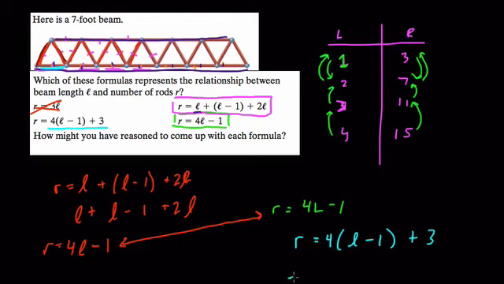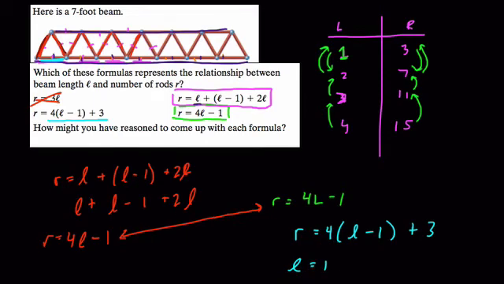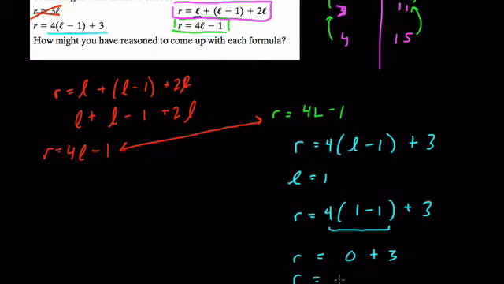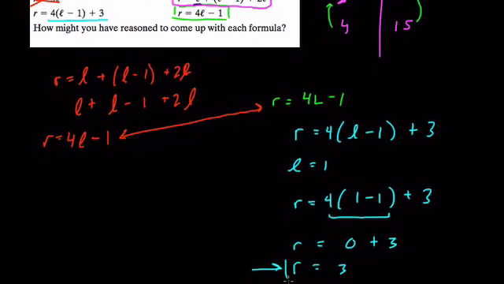If you plugged in L equals 1 here, what's going to happen? Well, then the rods equal 4 times 1 minus 1, or L minus 1, plus 3. So 4 times 1 minus 1, or 4 times 0, that's just 0 plus 3. So that works, right? The rods give you 3 rods. This formula works for 1 foot. And the thinking is you wanted to get 3 at 1 foot because that's how many rods there are.